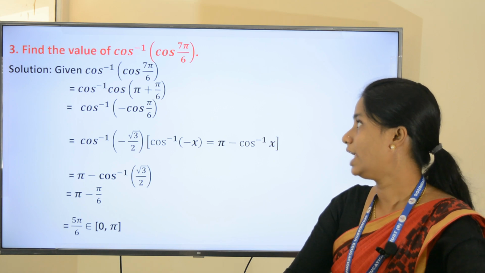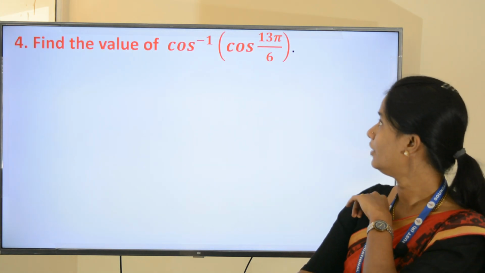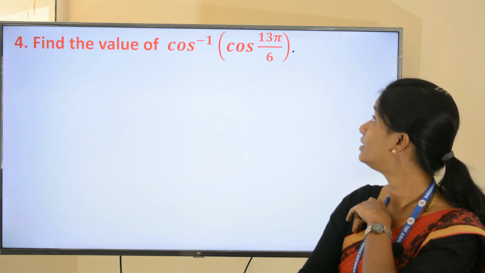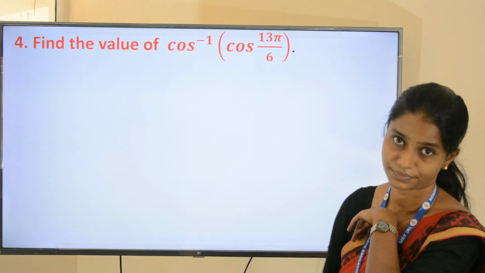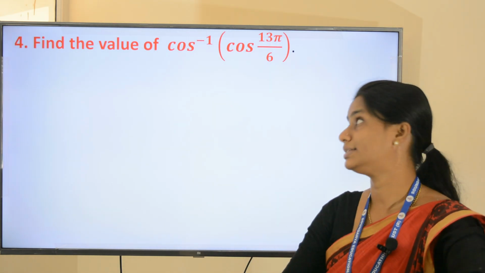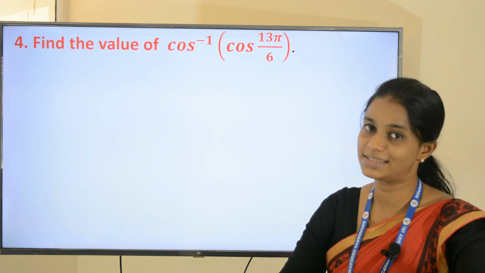Next problem. The fourth problem says, find the value of cos inverse of cos 13 pi by 6. Is it possible to write it directly, with 13 pi by 6 as the answer?